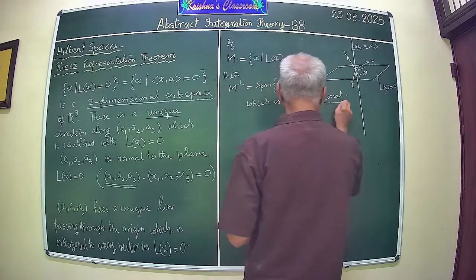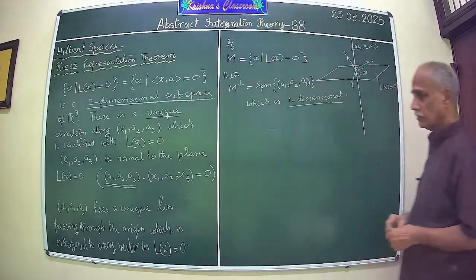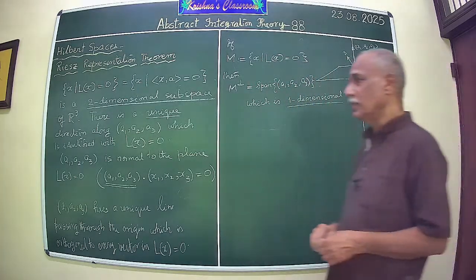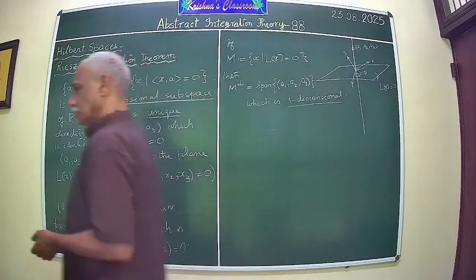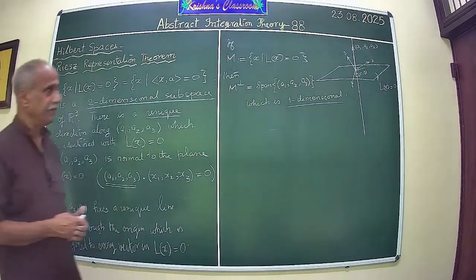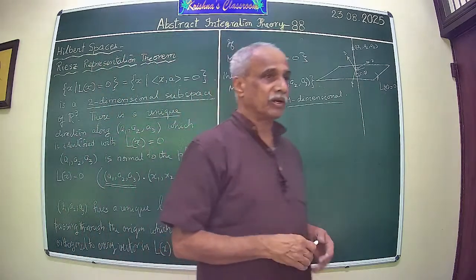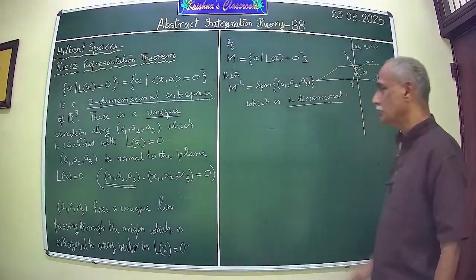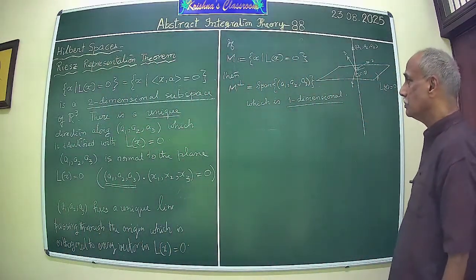This is one dimension. So we observe that every non-trivial linear functional can be identified with a plane, or a two-dimensional subspace of R3.